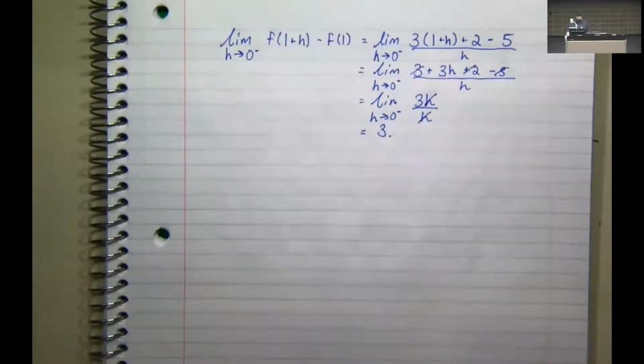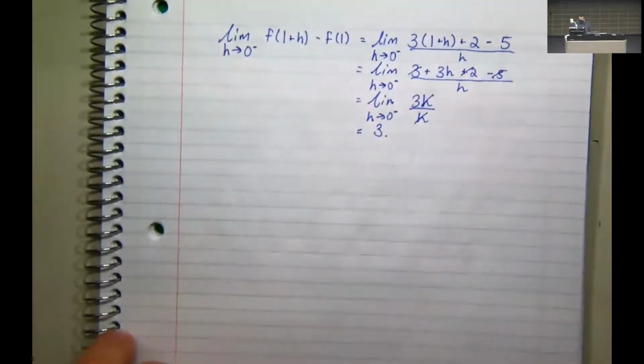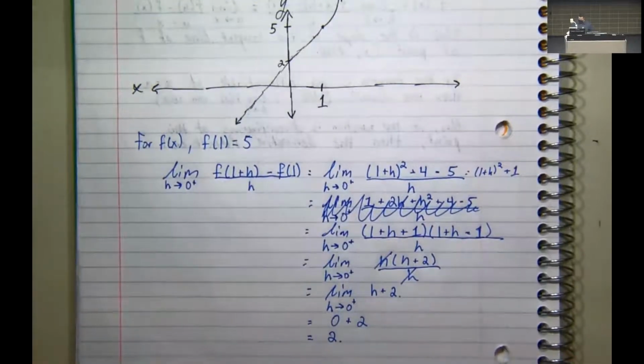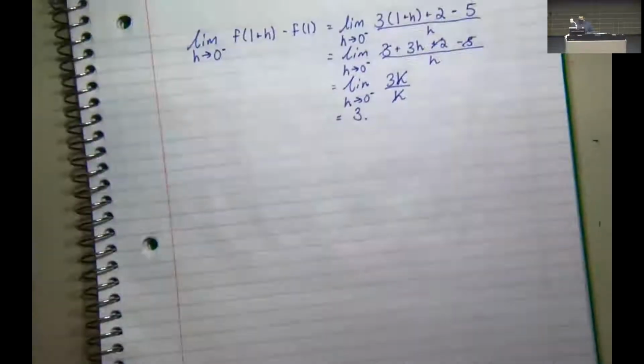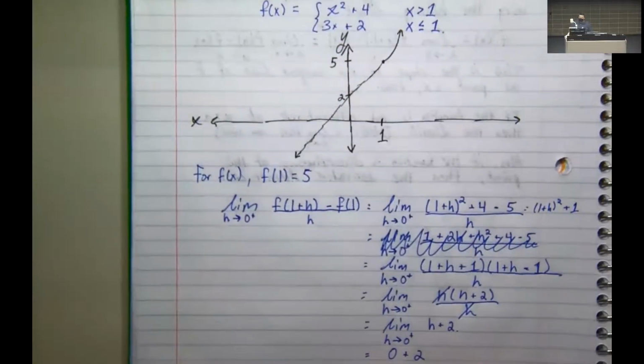And so what we have here is the limit from the left is 3, as we just calculated, and the limit from the right is 2.